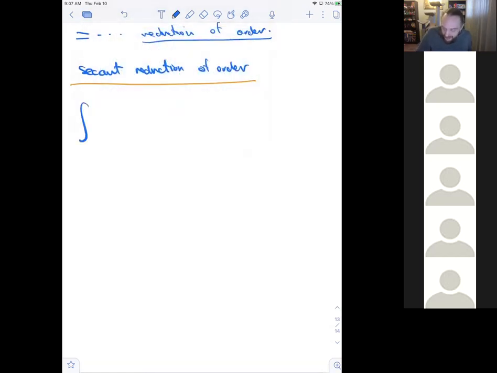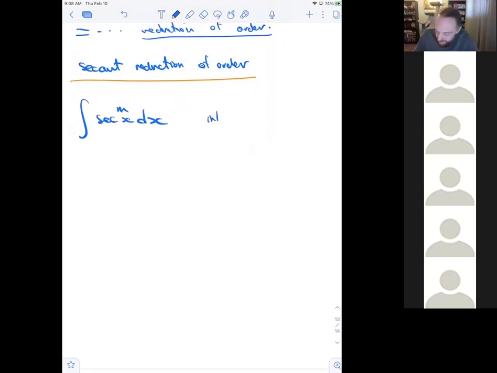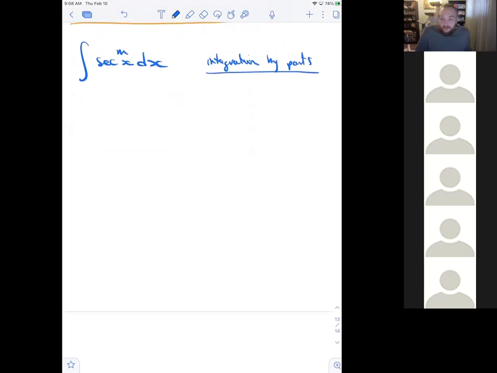So say I have the integral of secant^n x, or secant^m x dx. What we're going to use is integration by parts. So I'm going to write this as the integral of secant^(m-2) x times secant squared x dx.